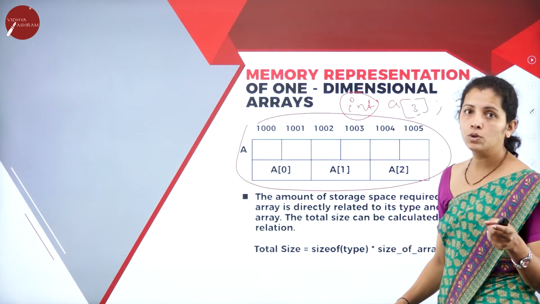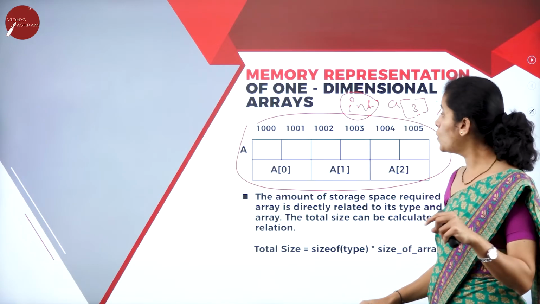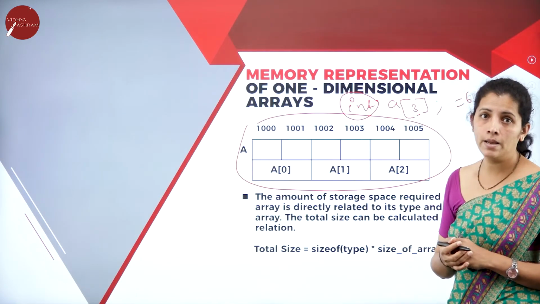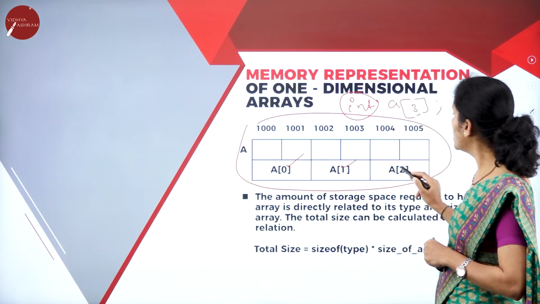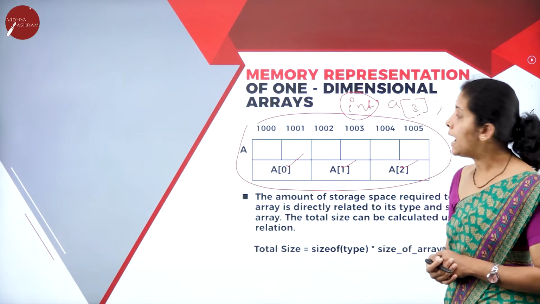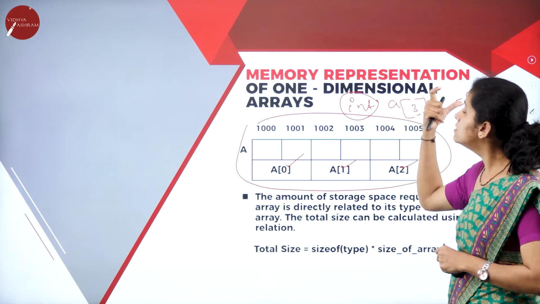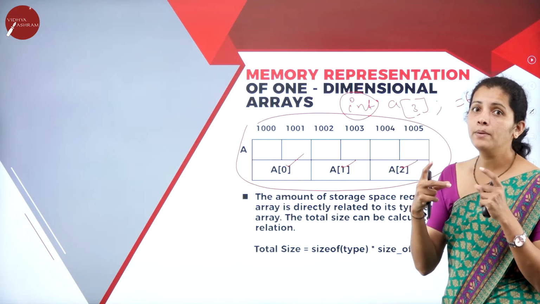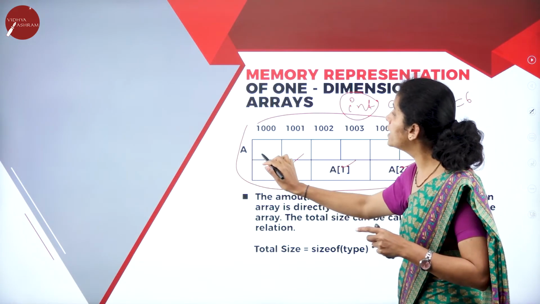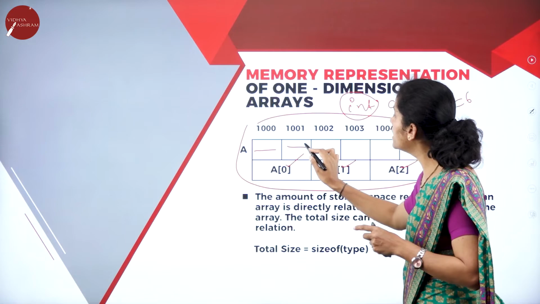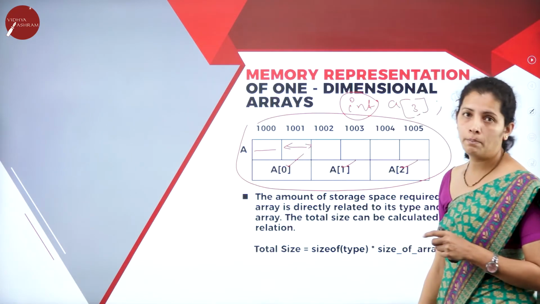Here I can able to read and store only 3 array elements. So the index starts from A of 0, A of 1, A of 2. And what is the size? The integer is capable to hold 2 byte. So here it is 2 byte. So this is my 1 byte and this is my another byte.